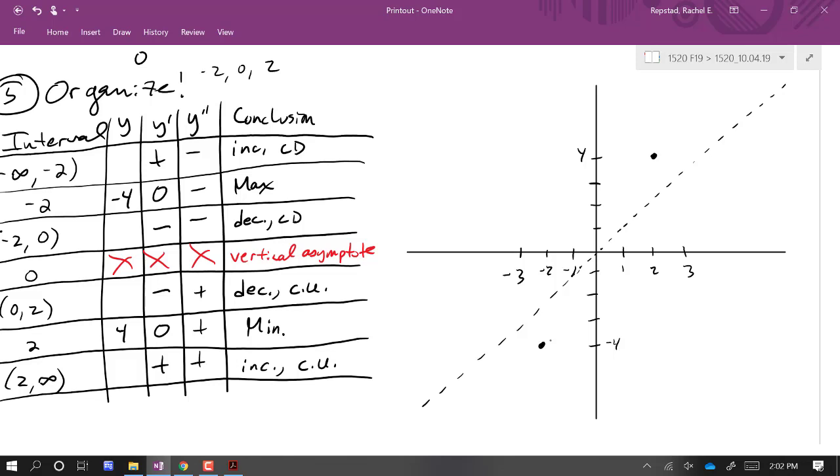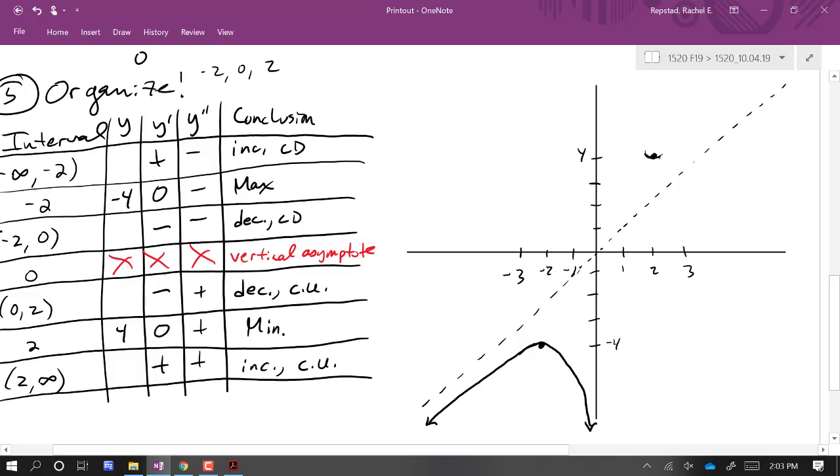So this behavior is going to look like this. There's our max, like that. And then y equals x is a slant asymptote, which means that as x gets huge, it just starts approaching that line. On the other side, it goes through the point 2, 4. As it approaches the vertical asymptote from the right, it's got to shoot upwards.